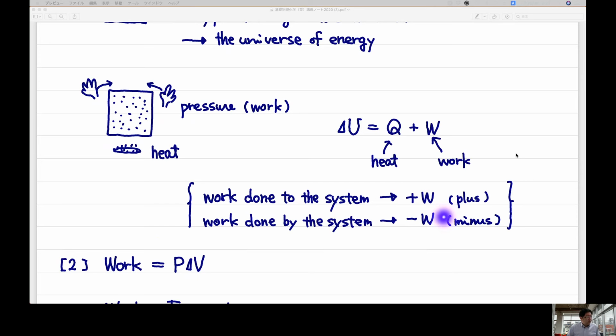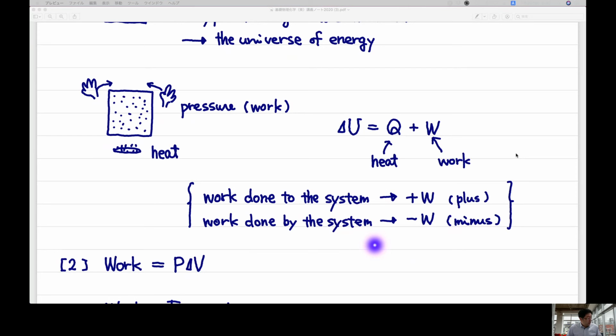Sometimes plus and minus will be changed to the opposite. But at this time, I will use plus to mean the work done to the system, and minus to mean the work done by the system.